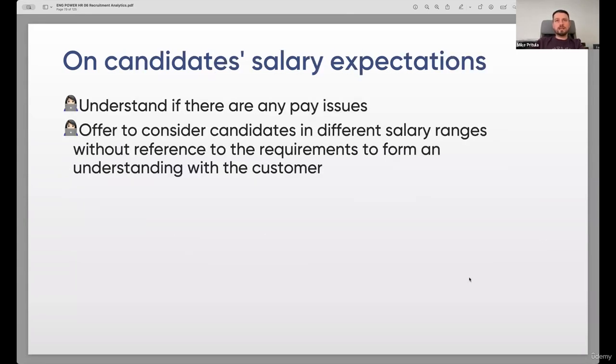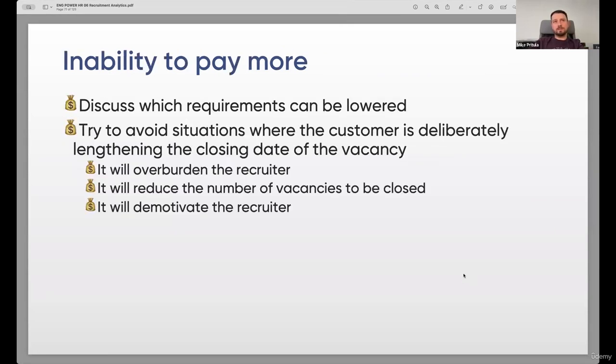If it's about candidate salary expectation, understand if there are any pay issues. Offer to consider candidates in different salary ranges without references to the requirements to form an understanding with the customer. If it's about an ability to pay more, discuss which requirements could be lowered.